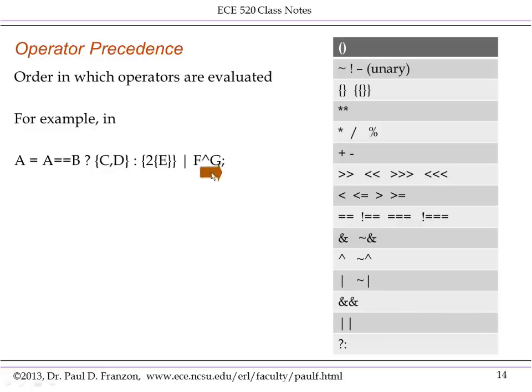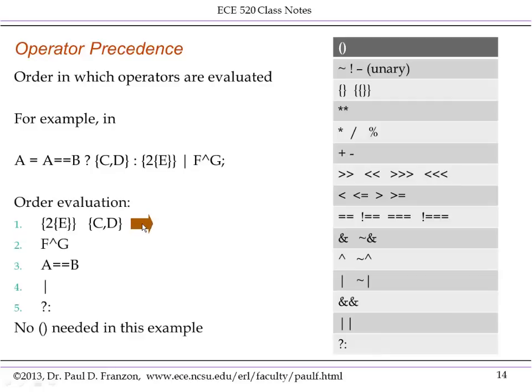So here's an example here. A is equal to, if A is equivalent to B, then A is equal to C, D concatenated together. If A is not equal to B, then it's equal to E replicated twice, ORed with F XORed with G. Let's look at the order in which this is evaluated.